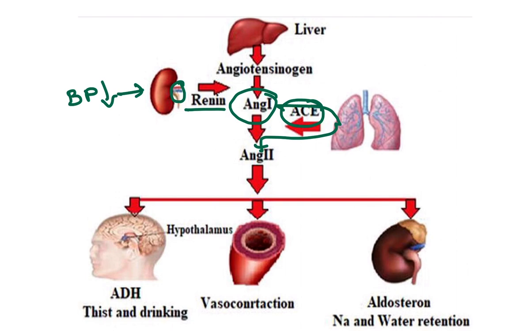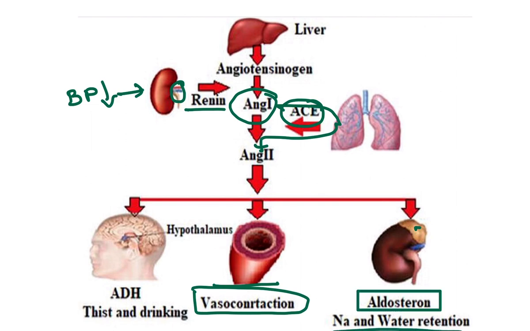Angiotensin 2 acts directly on blood vessels and causes vasoconstriction. It acts on the adrenal cortex and releases aldosterone, and this aldosterone causes sodium chloride and water reabsorption from the kidney tubule.